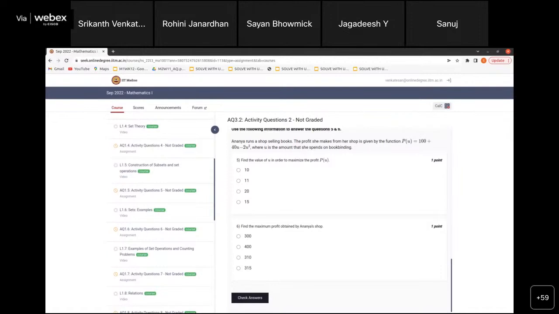By now you know how to find the x coordinate and y coordinate of the vertex point, so find it. Most of you are saying 10 as the answer for the first question, so hopefully it should be 10. Then substitute 10 in the equation, and you will get the maximum profit.